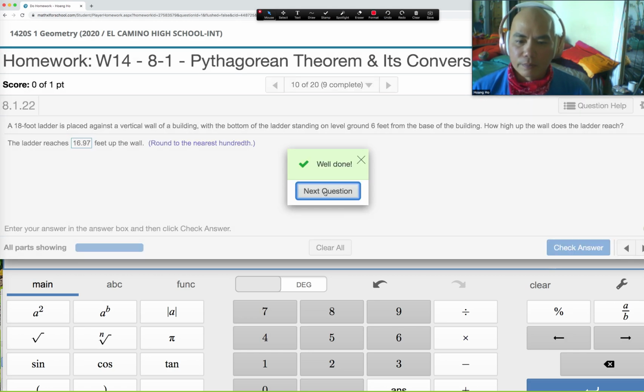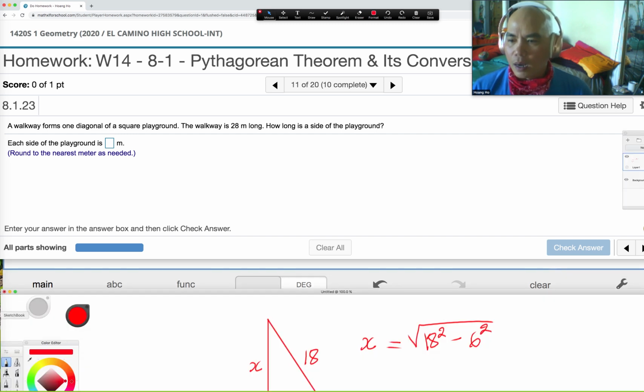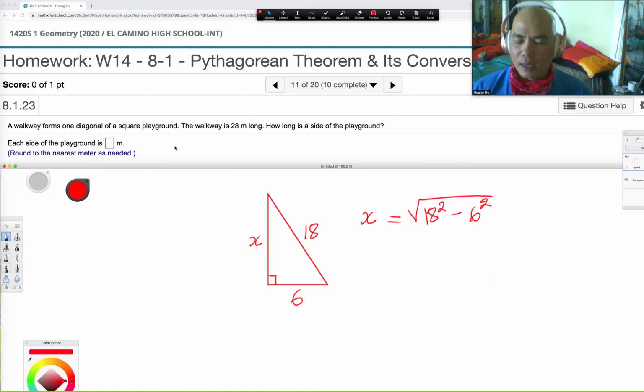All right. Move on to question 11. A walkway forms a diagonal of a square playground. The walkway is 28 meters long. How long is the side of the playground? Okay. Let's go and sketch the square.